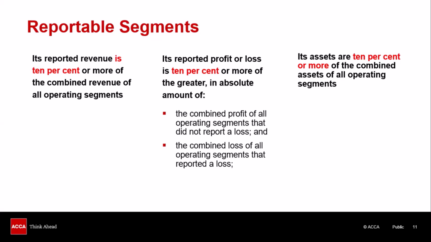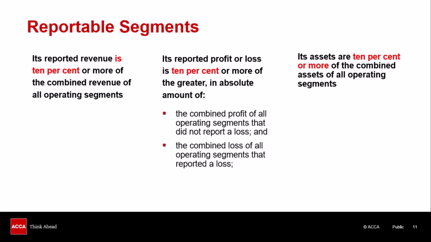Now, what this means is you need to look at all the profit-making segments, you add their profit together. Then you look at the loss-making segments, you add the losses together. And you do this in absolute terms, meaning you're not considering any negative values or positive values.